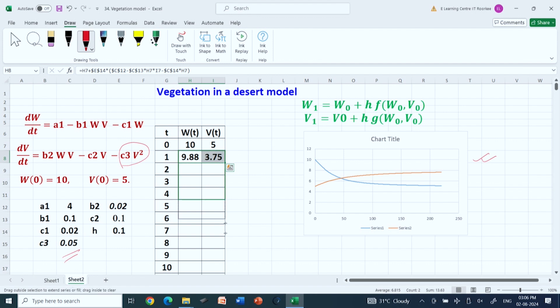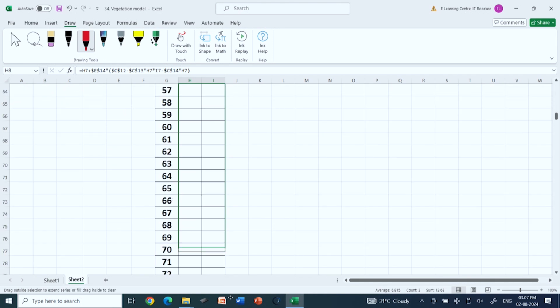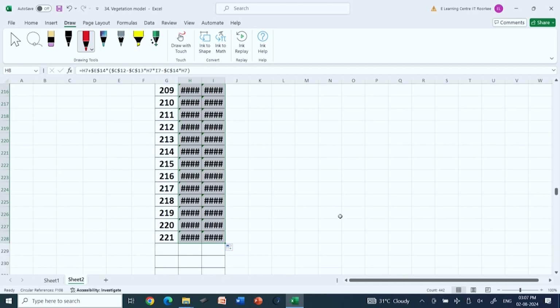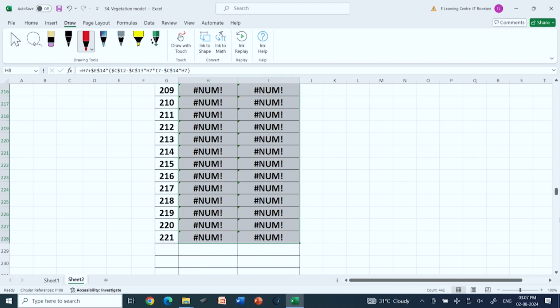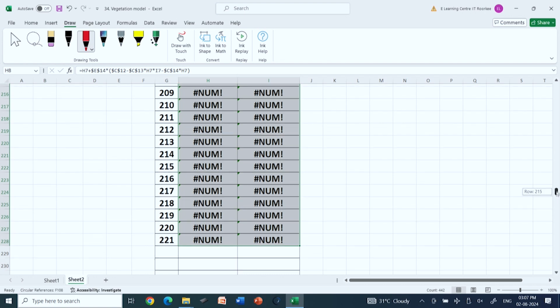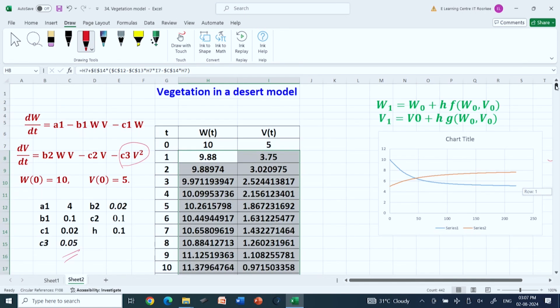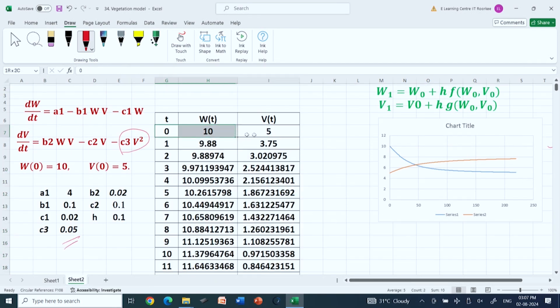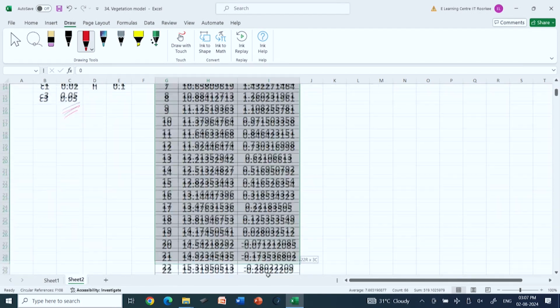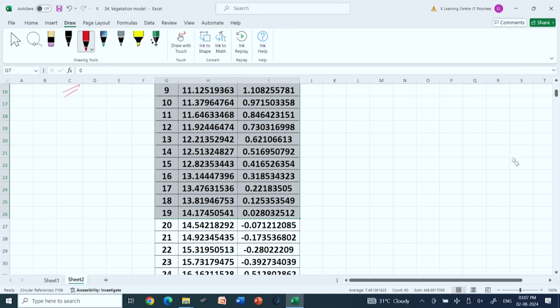If we drag, we calculate till 221. So, let us first plot a bit, positive values only.